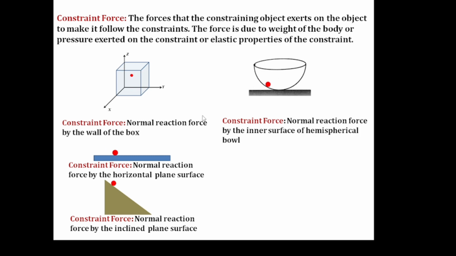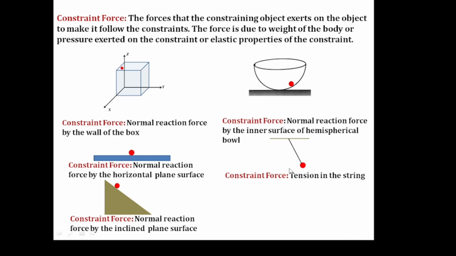The weight of the body is acting downward, and the normal reaction force is acting in the upward direction. And the fourth one, the normal reaction force by the inner surface of the hemispherical bowl. And the fifth one, the constraint force, is the tension of the string.